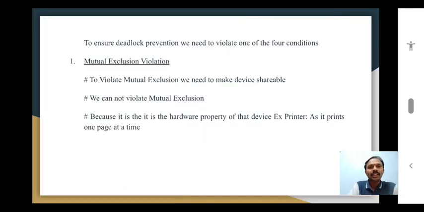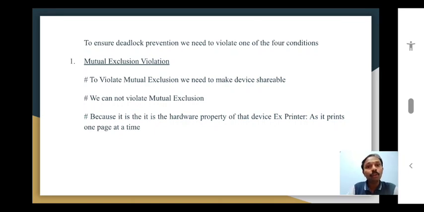See, the first thing is mutual exclusion violation. Is it really possible? To violate the mutual exclusion, we need to make the devices shareable. So let us say all the devices all the time have the working behavior that they are independently doing their work.